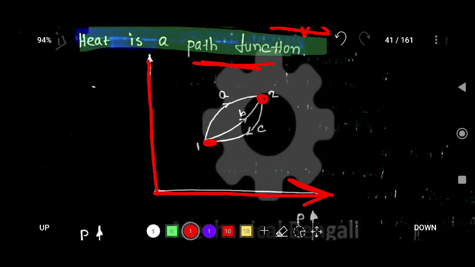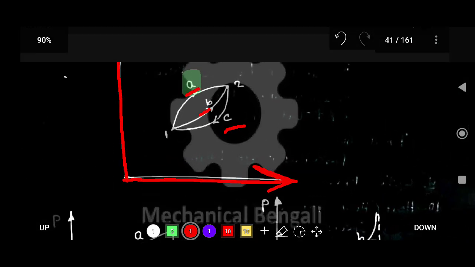Suppose the first process is 1 to 2 following this path, that is process A. It may go in this path also, suppose this is process B, and it is changing from state 2 to state 1 by following process C. So from state 1 to state 2 there is process A and process B, and coming back from 2 to 1, that is process C.